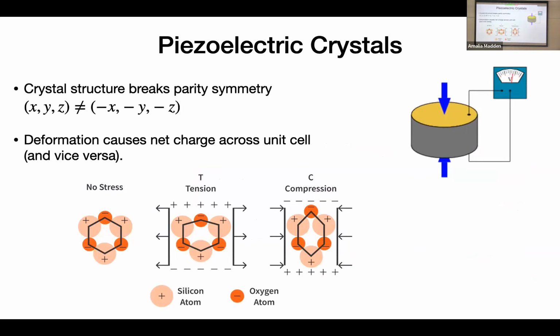The result is that, for example, in this quartz crystal here, if you were to deform it in one direction, you'd have a net positive charge on one side of the unit cell, net negative charge on the other. Whereas here at compression, you switch around the net charge on this unit cell. And in practical applications, that means you have a crystal where if you squish it, you can produce a net charge.